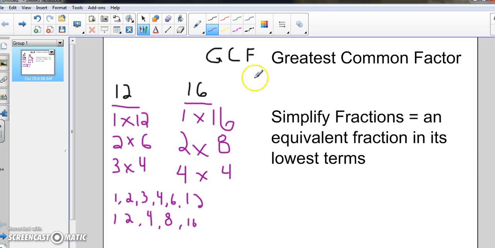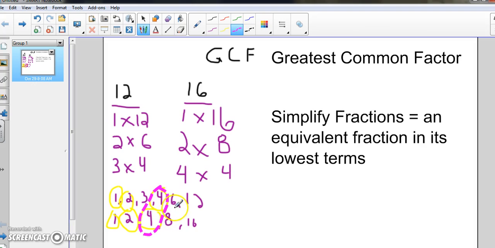Now I'm going to circle my common factors with yellow. 1, 2. There is no common 3, so I have 4. And there's no 6 in both, 12's not in both, 8's not in both. So my greatest common factor, the biggest factor that's in both, is 4.